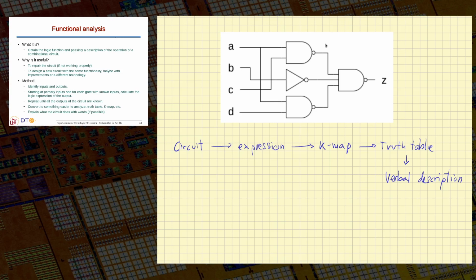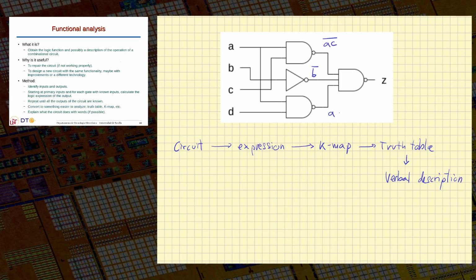So to obtain the expression, it's easy because we know the expression calculated by each gate. For example, this is a NAND gate. The inputs are A and C. So at the output, I will have A and C complemented because this is an AND. Here it's an inverter, so the input is B, the output will be B complemented. Here it's another NAND gate.